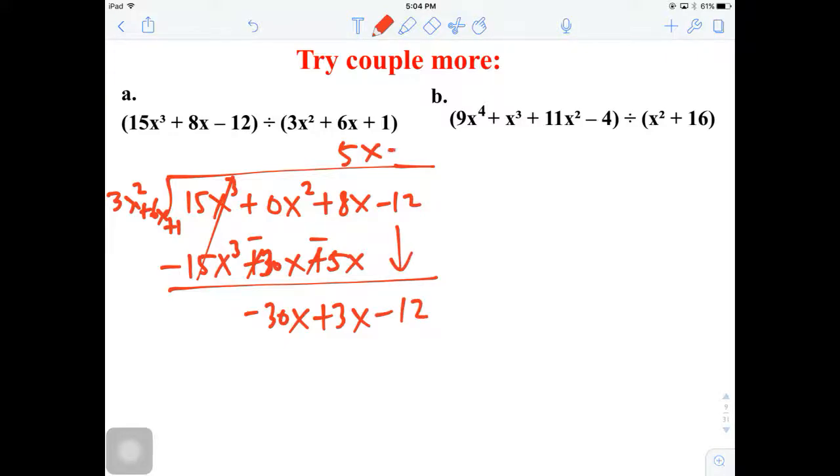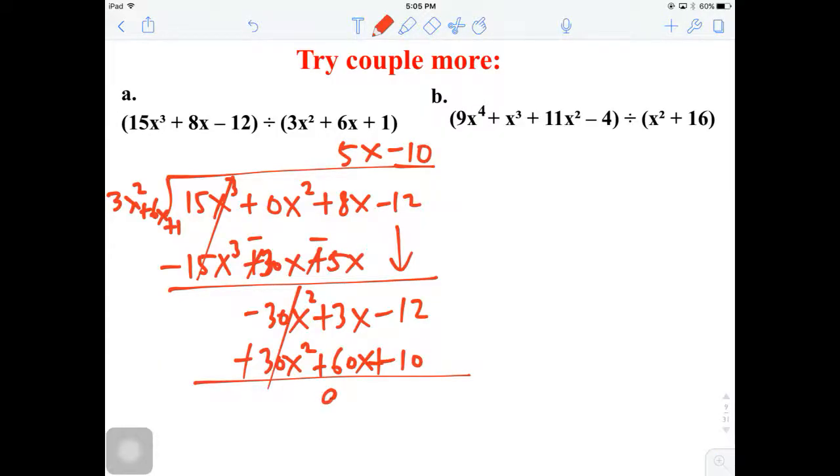And I need a negative 10. And this is the x squared term. Negative 10. So I'm going to distribute that through. So I have negative 30x squared minus 60x, and then a minus 10. I'm going to change signs again, everything to the opposite. The x squareds will cancel out.